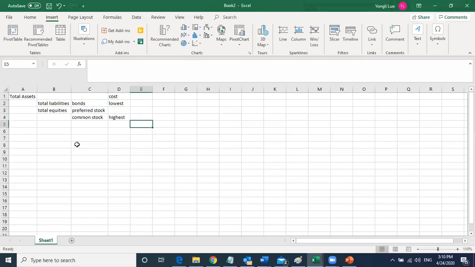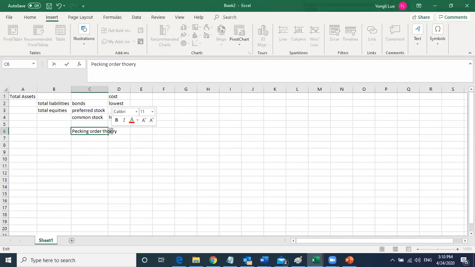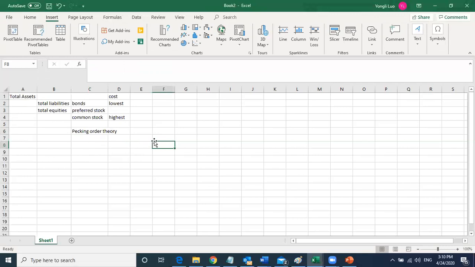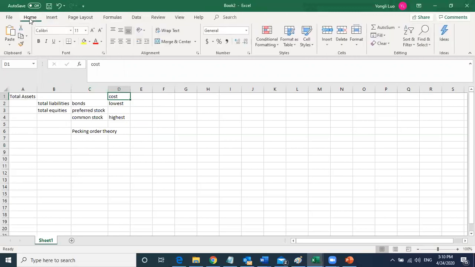In finance, we call this the pecking order theory. The pecking order theory says the company tries to use their internal funds, the money they already have, and then uses bonds, which is borrowing money.